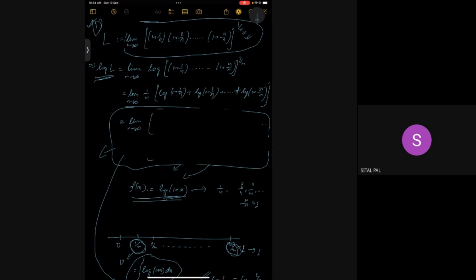I'll write the 1 by n first: 1 by n into log of 1 plus 1 by n, plus 1 by n into log of 1 plus 2 by n, plus so on, up to 1 by n into log of 1 plus n by n. Is it clear now? Is it better now? It is.